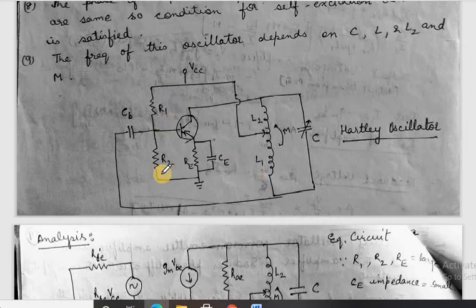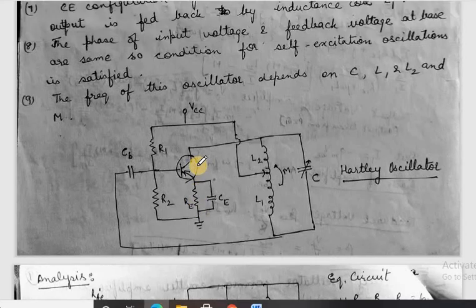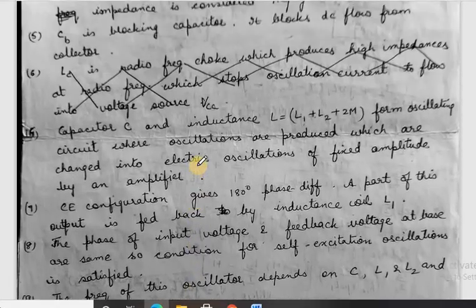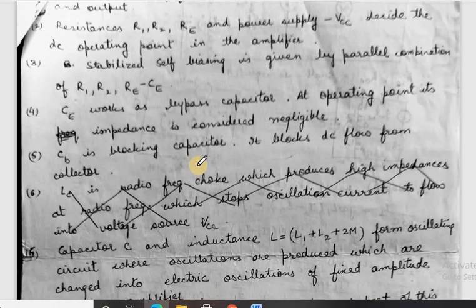Now what do these R1, R2, RE, CE do? We'll be discussing one by one. So first of all we'll see resistances R1, R2, RE and power supply VCC decide the DC operating point. We know for an amplifier decision of an operating point for its good working is very necessary.